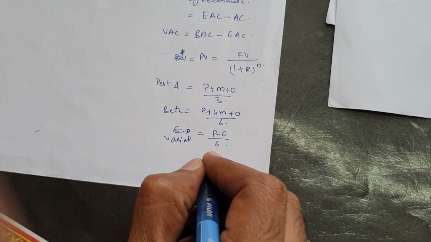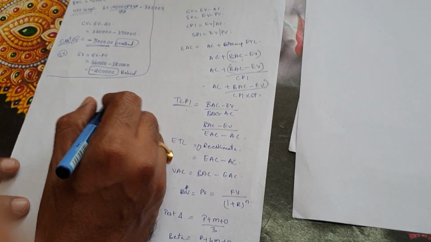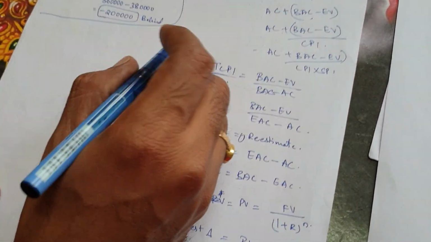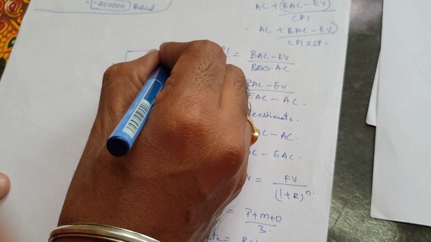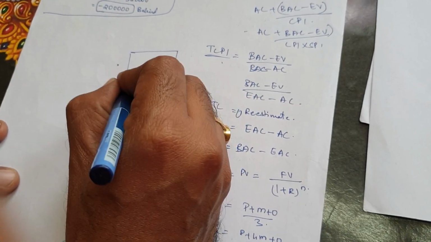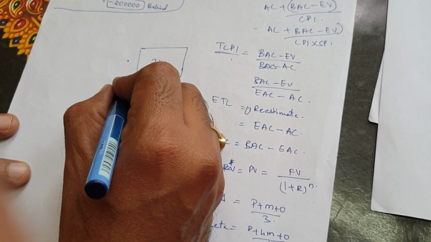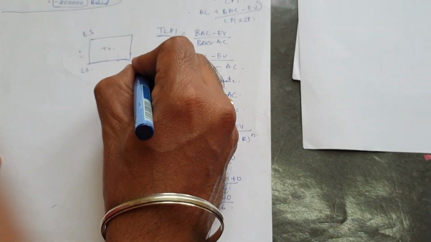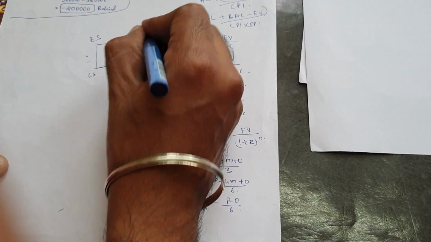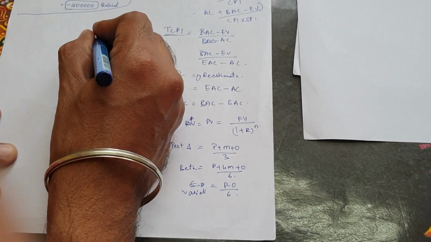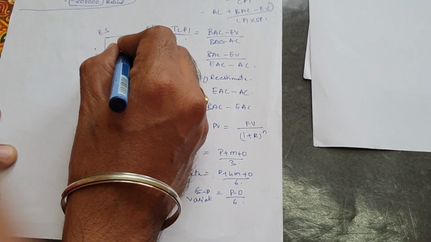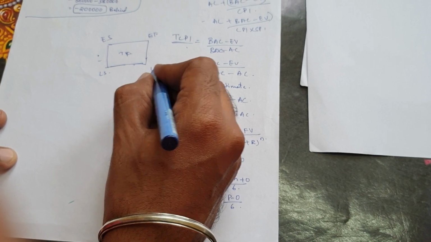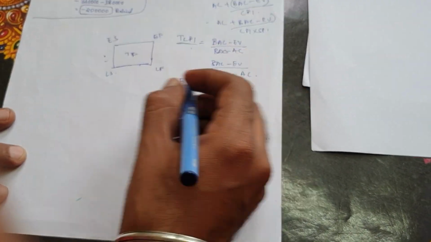And then you have your float, total float, which is LS minus ES, or LF minus EF. Late start minus early start will give you the total float. In the same way, late finish minus early finish will give you the float.